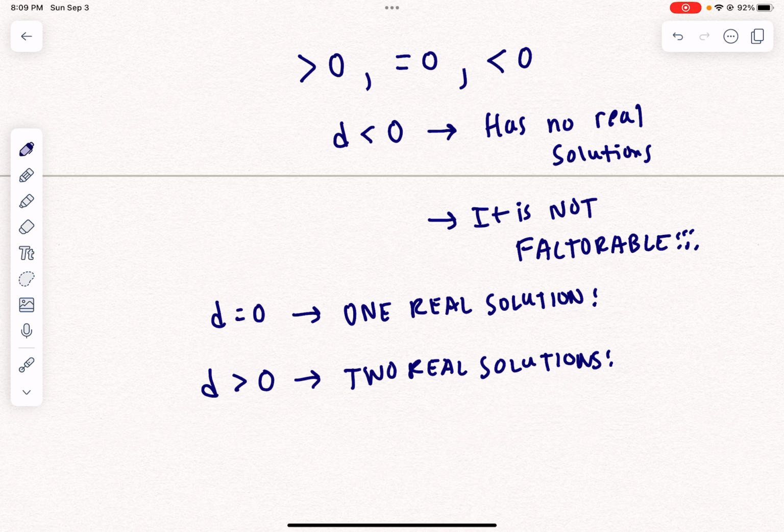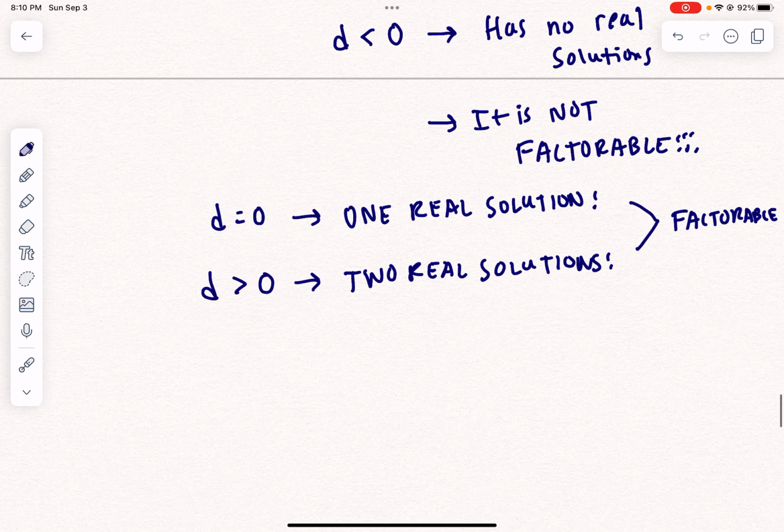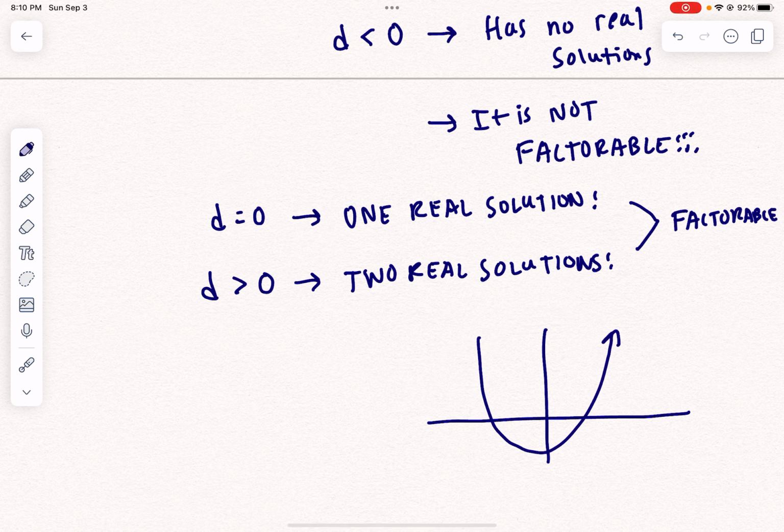There are different ways to go about doing that, but in this video we won't go over that. I just want to remind you that when we're talking about solutions, all we're thinking about is when this quadratic expression hits the x-axis.